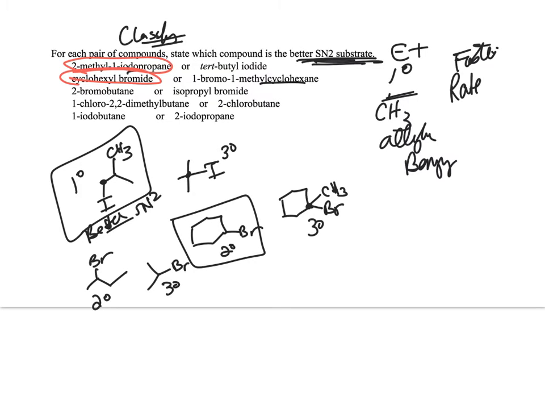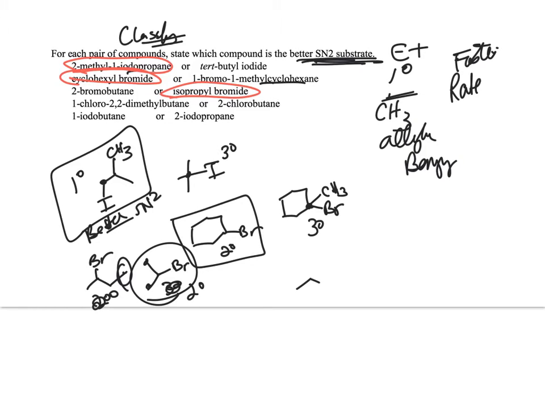This one actually, even though the secondary, wait, I'm sorry, this is secondary, and this is secondary. This one will be faster just because it doesn't have the extra methyl group here. So those are both secondary. Isopropyl is going to be faster, slightly.